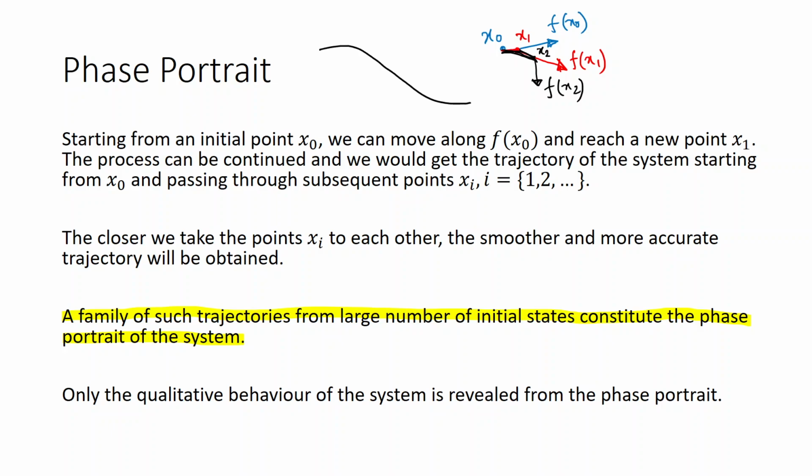So it is not quantitative in nature, it is a qualitative behavior, whether the system is converging to a certain point or certain region, or as you have seen in the van der Pol equation, whether it is converging to a limit cycle or whether it is diverging from the limit cycle. All this qualitative information can be obtained from the phase portrait analysis.